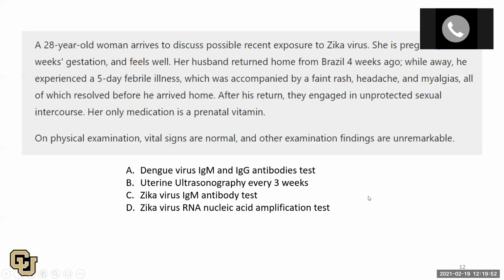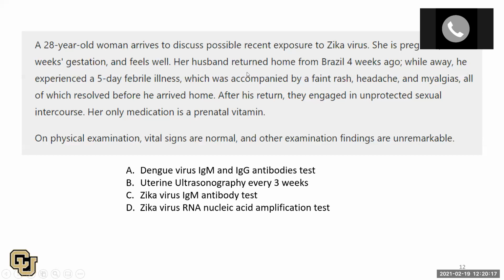You don't have to know this much detail about Zika virus, but the point here is that Zika virus has a quick inoculation period. You'll get it within 2 weeks of exposure, and then from that time, your body will start developing antibodies, and so beyond 2 weeks of exposure, doing the RNA test will not yield the virus in the blood. It's already been cleared by your body with antibodies.